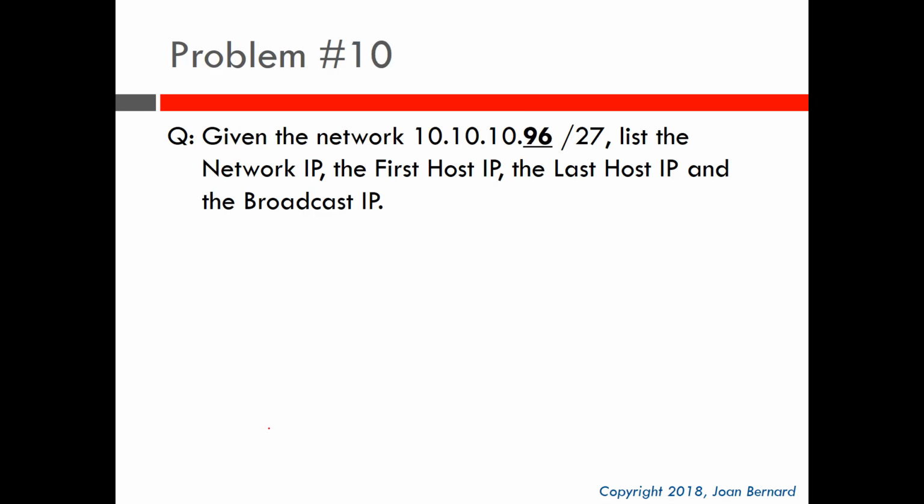All right, moving on. Problem number 10. Given the network 10.10.10.96/27, list the network IP, the first host IP, the last host IP, and the broadcast IP. So once again, we're going to start with /27.